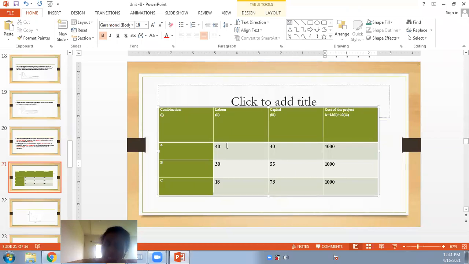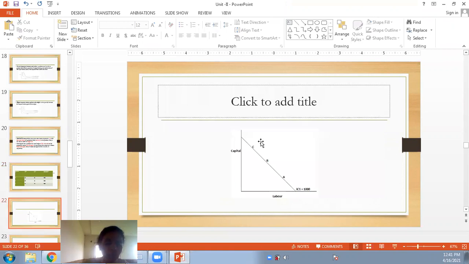Like this one. See here, it is ABC. When we draw a line showing ABC on a curve, we call such a line an isocost. ABC that we have represented, when we join them, is plotted as a straight line, and the cost along the entire line is the same 1000.